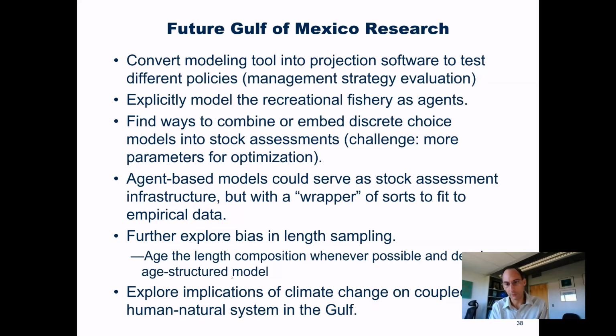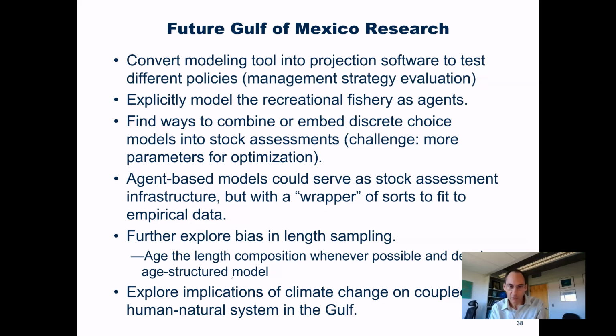To do that, the model has to be restructured, and fish need to be de-agentized. Another move for this model is to explicitly model the recreational fishery as agents. Also, future research, sort of unrelated to this, is to look for ways to combine or embed discrete choice modeling into stock assessments.